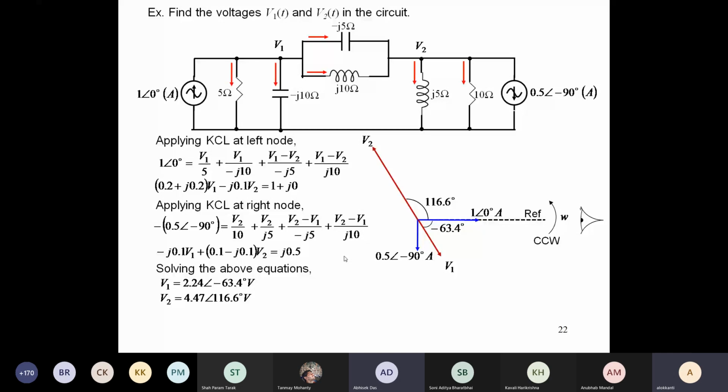Sir, one second. You told that we can't equate the real and imaginary parts, so we have to just take the modulus and then calculate it? No, I am not telling that. You have to ultimately solve these equations, and the equations have complex coefficients.